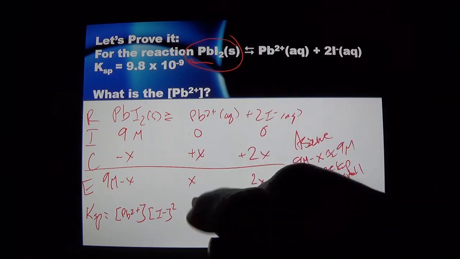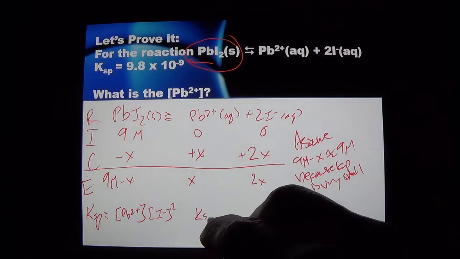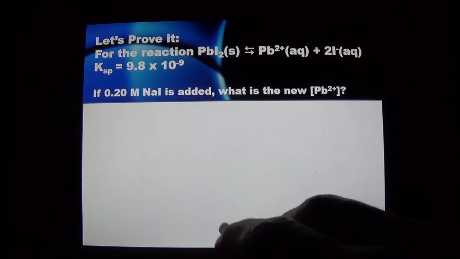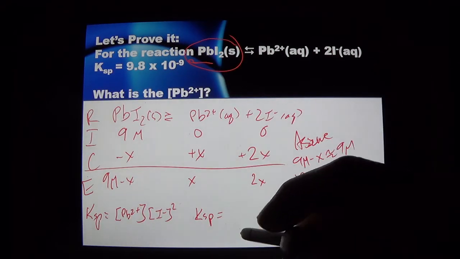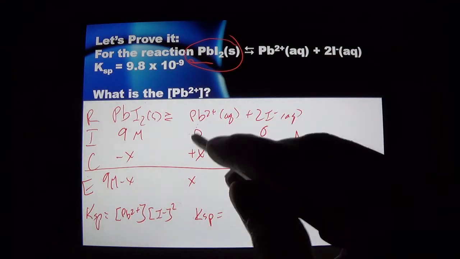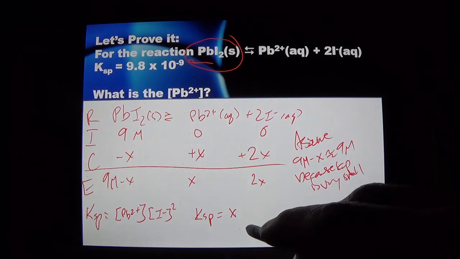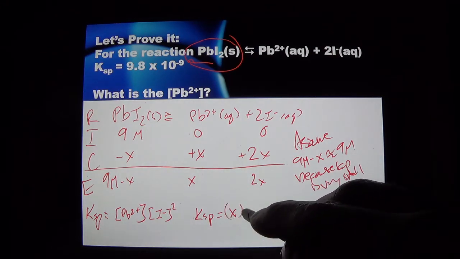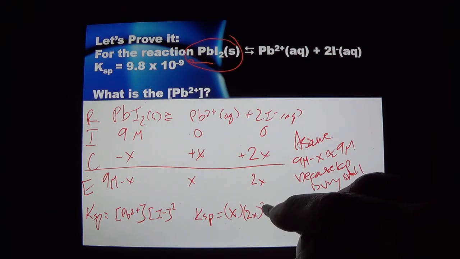Okay, now let's plug and chug. Ksp is equal to Pb, which is x, and I, which is 2x, and that needs to be squared.